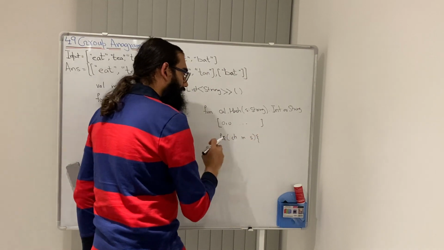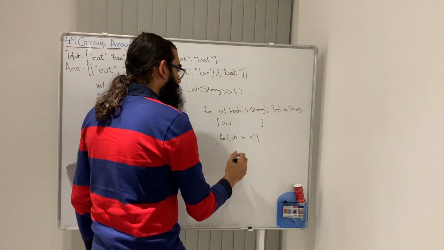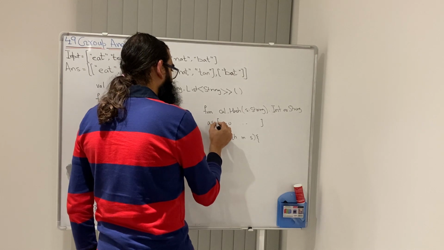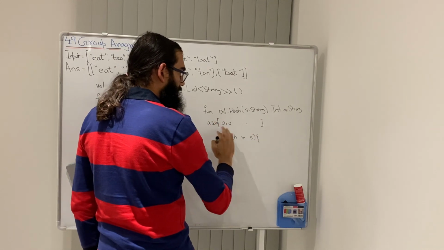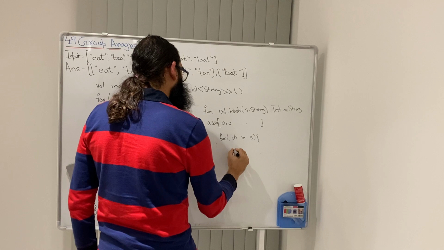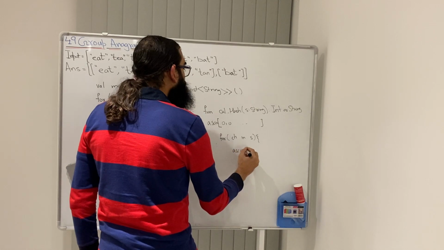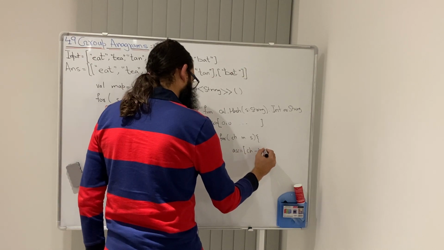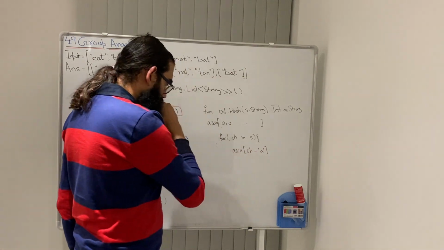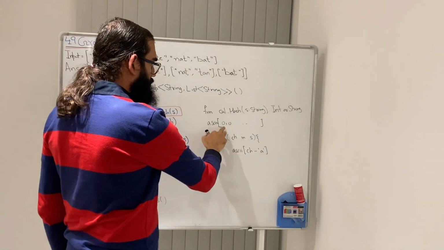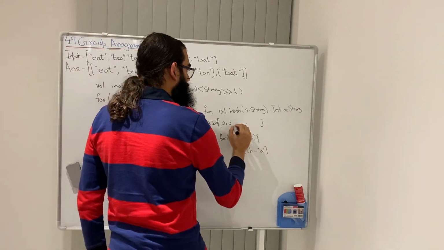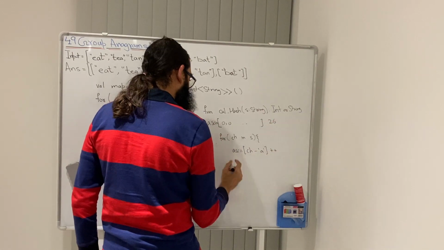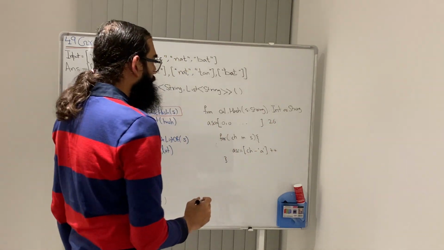On every character I will go, and I will say okay, this is my array initialized by zeros. So I will say ASCII of ch minus character a. So if it's a minus a, it means 0, and these are total 26. So 0, and do plus plus.